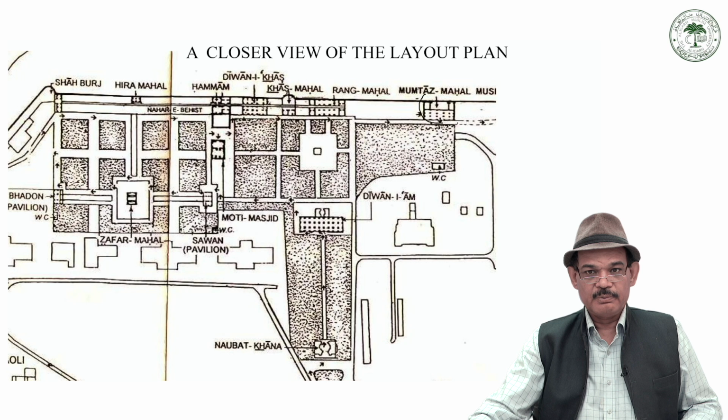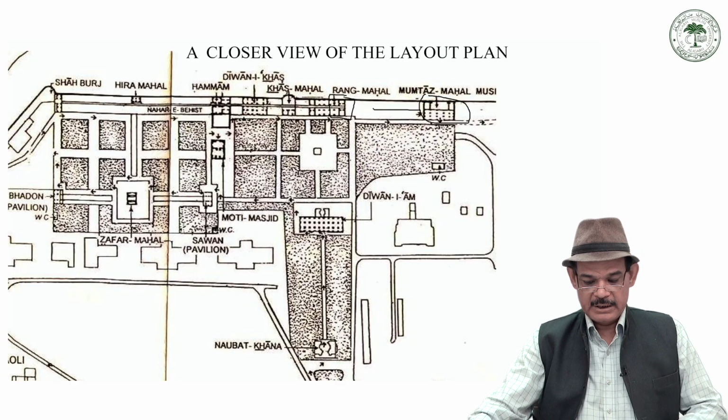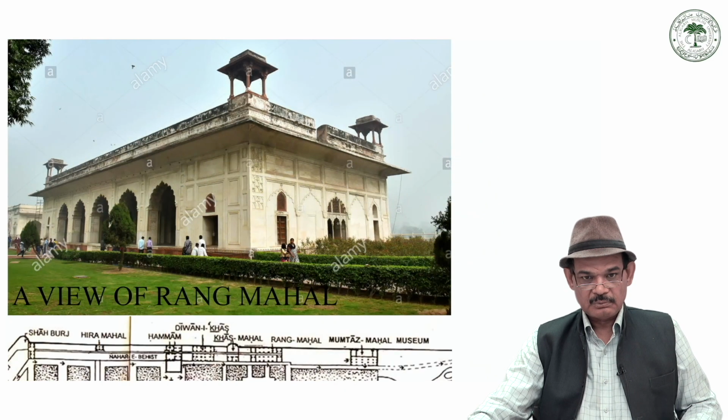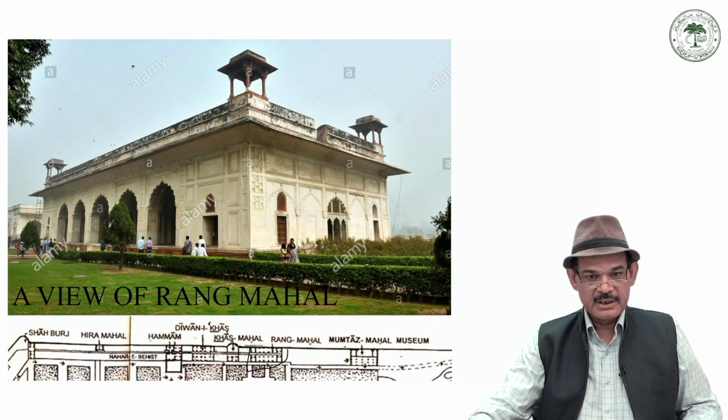After Mumtaz Mahal, we move to the northern side, where there is another palace known as Rang Mahal. Rang Mahal is a very interesting palace, also known as Sheesh Mahal.